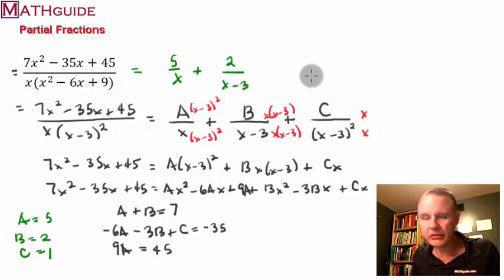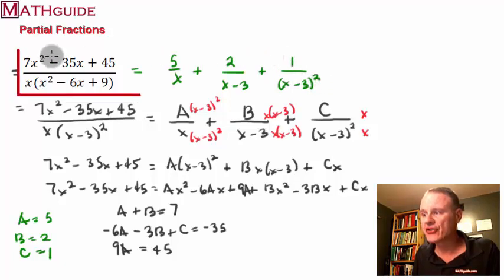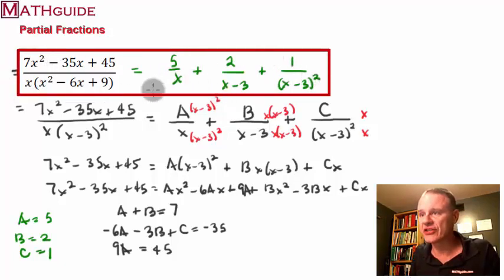And I know, let's see, c, yep, okay, that's all working out. So since c is positive, no weird negatives, I'm going to put that there over x minus 3, that quantity squared. And there's your answer. Your answer is this giant expression with the original problem, and it's the sum of these 3 rational expressions.